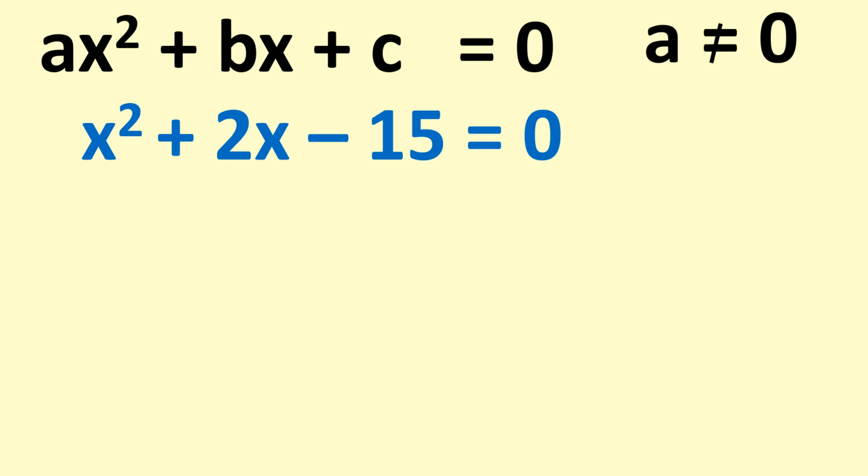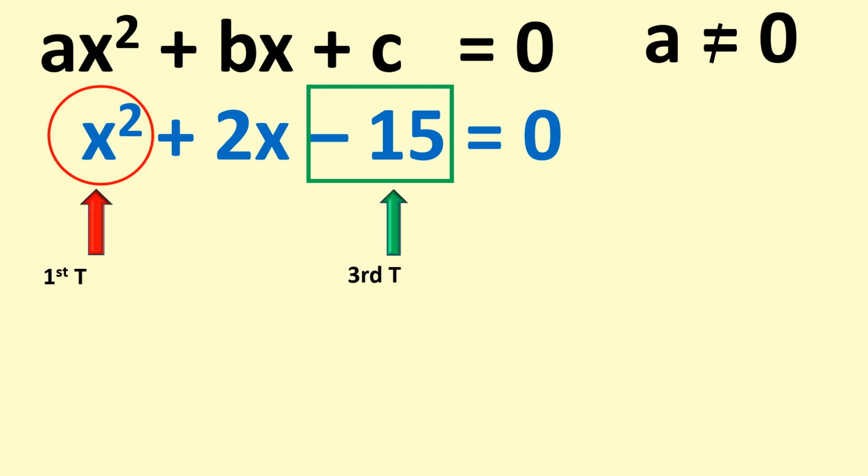x squared plus 2x minus 15 is equal to 0. We will simply multiply the first term and the third term. Now, what is the objective of the factorization method?